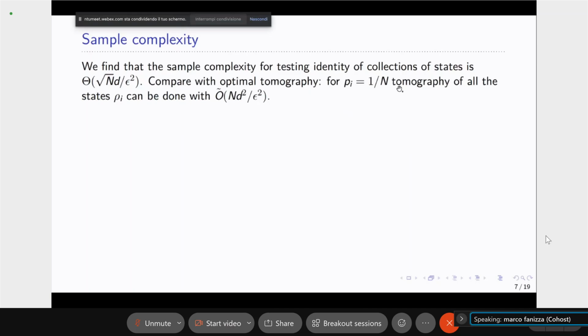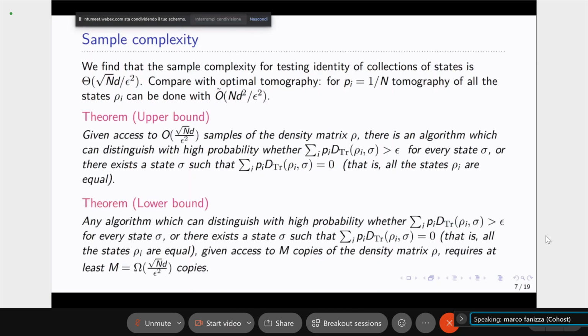For example, if the probability distribution is uniform, then one can do tomography of all states rho i with a number of copies that scales like n d square over epsilon square, disregarding logarithmic factors. And our tester does much better than that. Okay, so these are the statements of the theorems that give us the upper and lower bound, which indeed match.